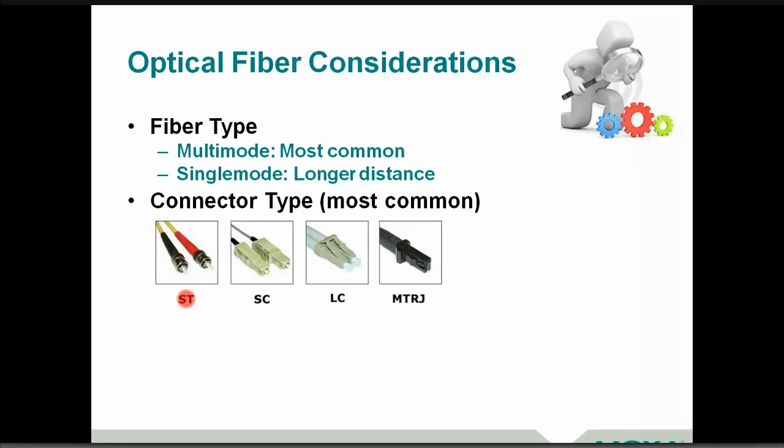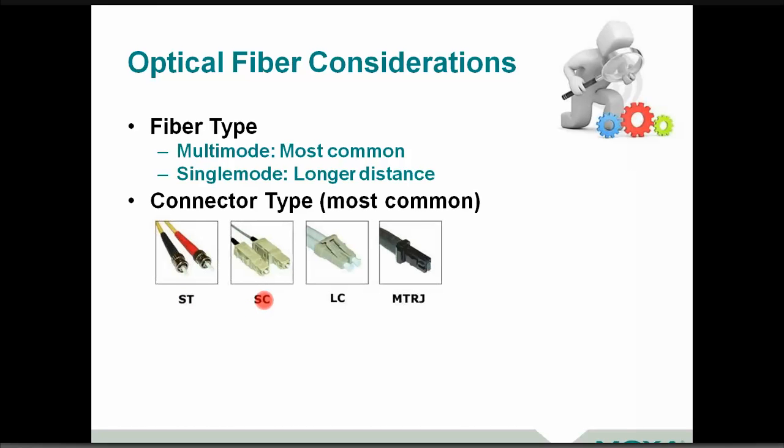The ST has a bayonet style connector that you twist in and it locks by rotating about 20 to 30 degrees. Think of the T in ST as twist. This is nice if you're in an application where there might be potential shock or vibration and you want that positive connection to twist and lock into place.